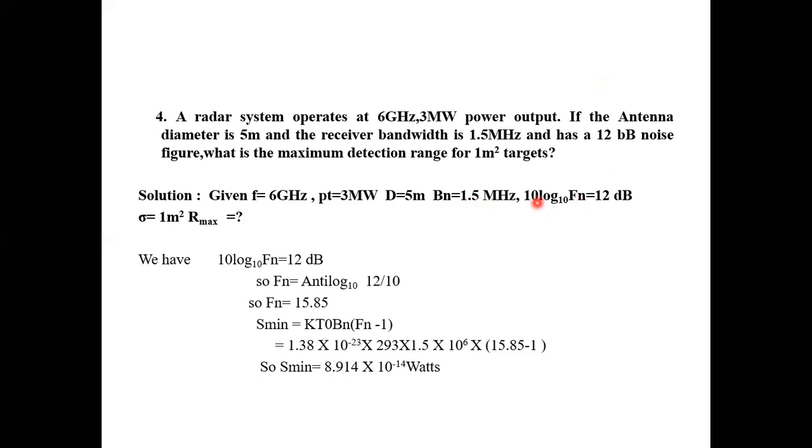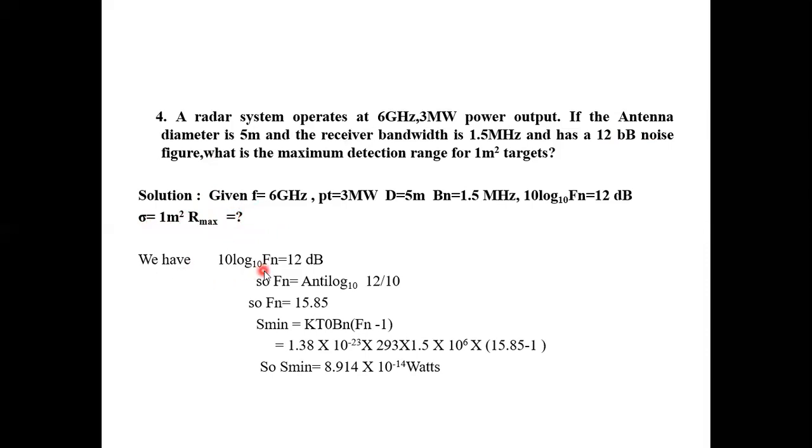The noise factor will be represented in terms of 10 log 10 of Fn, where Fn is the noise figure factor, given as 12 dB. And the area of cross section is 1 meter square. So we have to calculate the maximum range, that is R max.